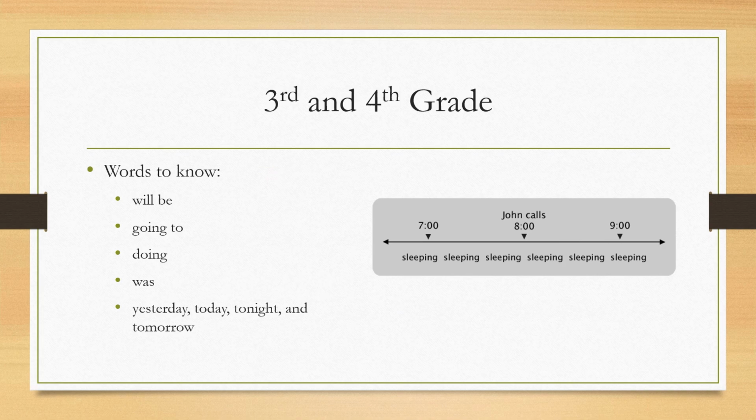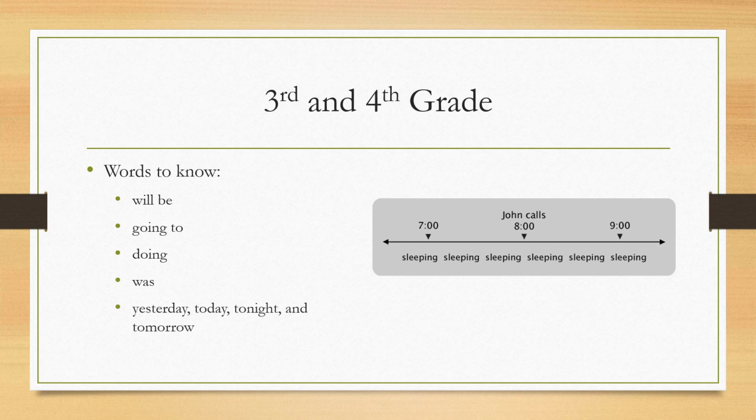All right, so last time we talked about doing things, like running and swimming, things that are happening right now. When we talk about things that are happening right now, we use ing, a progressive tense, okay?